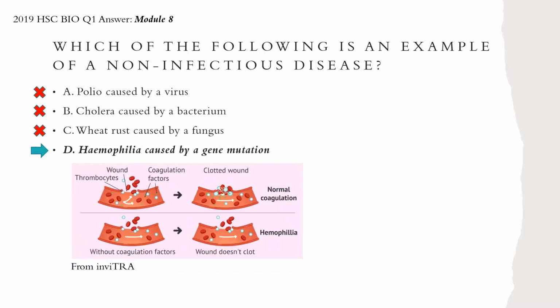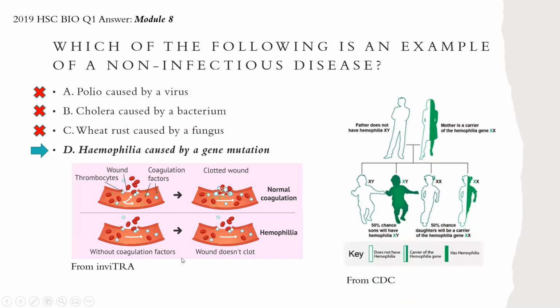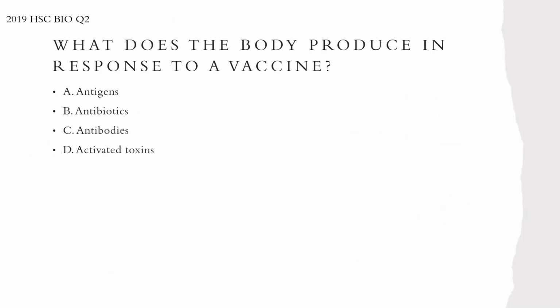So hemophilia is when you don't have the ability to clot your own blood. So patients will lack a coagulation factor, and this is going to be a sex-linked disorder. And as you can see, it's actually going to affect males and females. Okay, so this is a 1-star difficulty question.